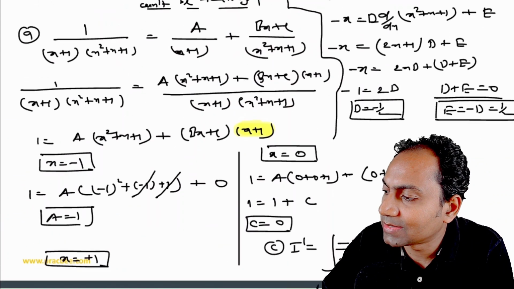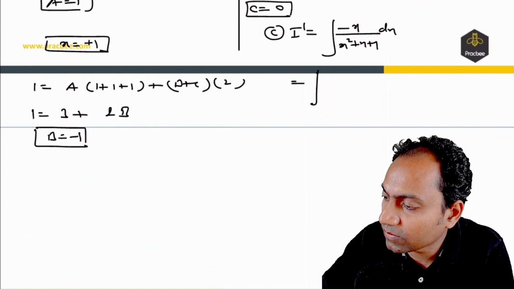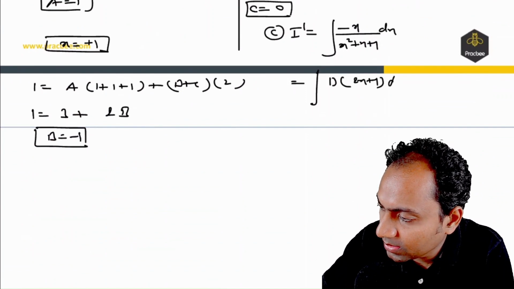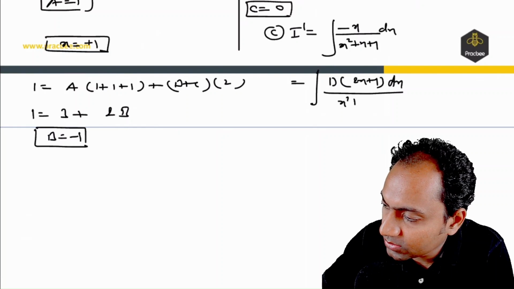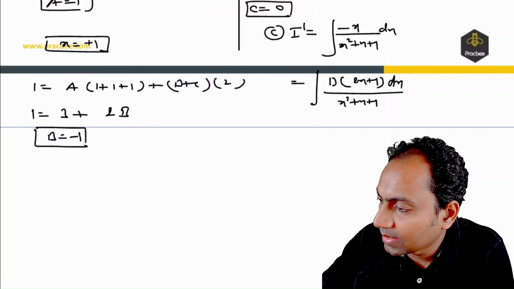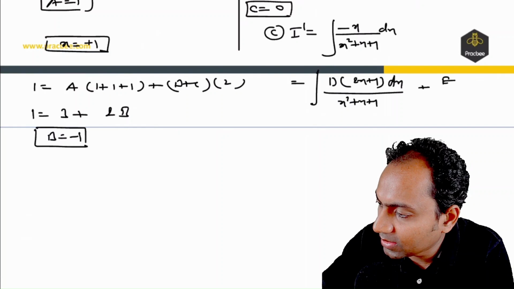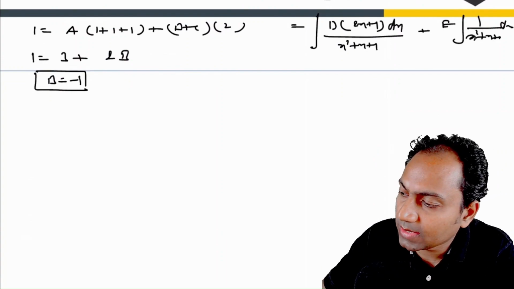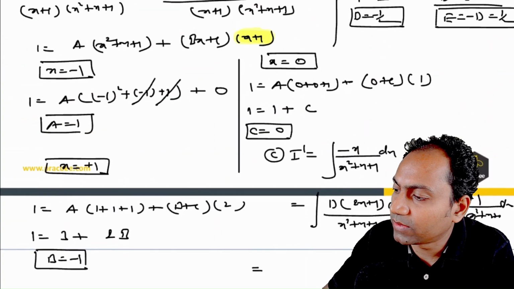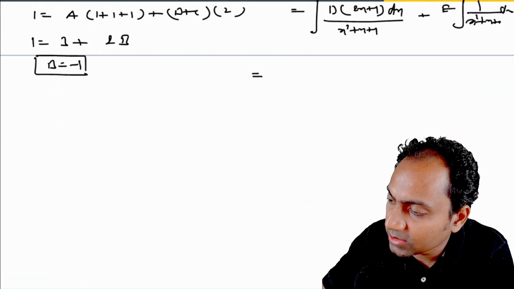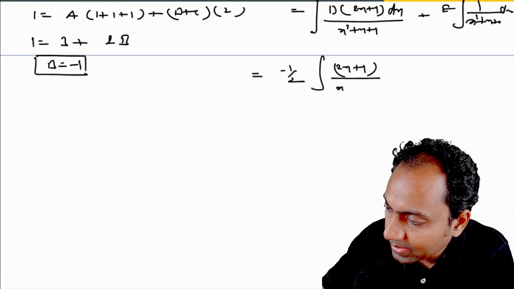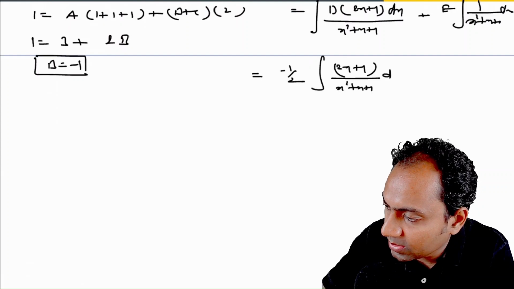The first part is d into the differentiation of the denominator, so this is 2x plus 1 dx by x square plus x plus 1, and the second part is e times 1 upon x square plus x plus 1 dx. The value of d came out to be minus 1 by 2, so let us take this minus 1 by 2 common. This is 2x plus 1 by x square plus x plus 1 dx.